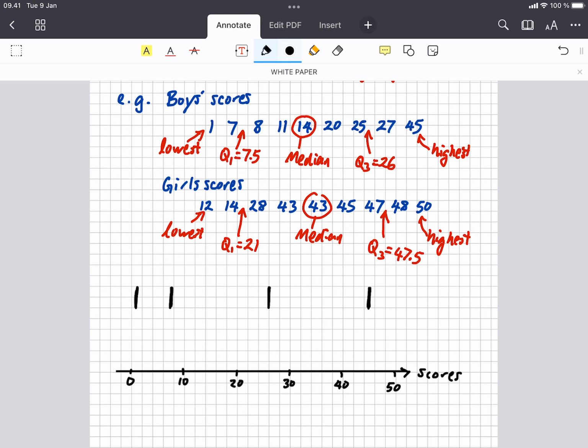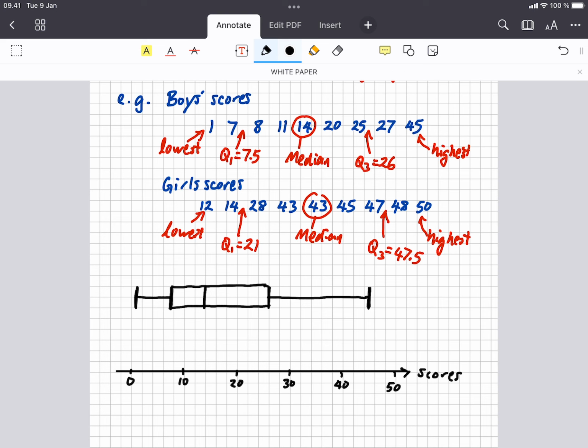And the median is at 14, which is here. So I'm just going to make a box at the quartiles and then make that into a line showing the whole range of the data. I should be doing that a little bit neater. I can fix that in a minute.